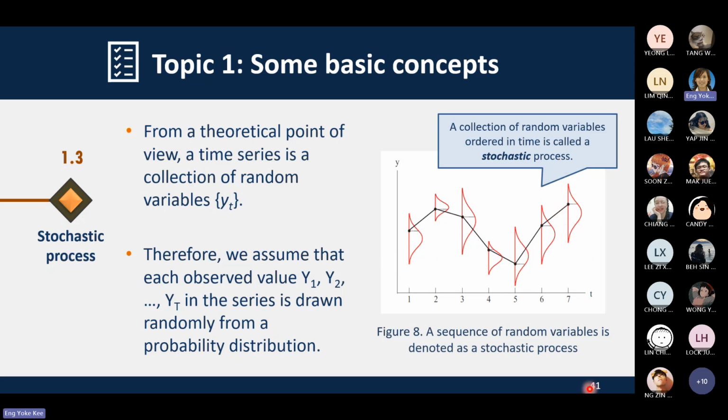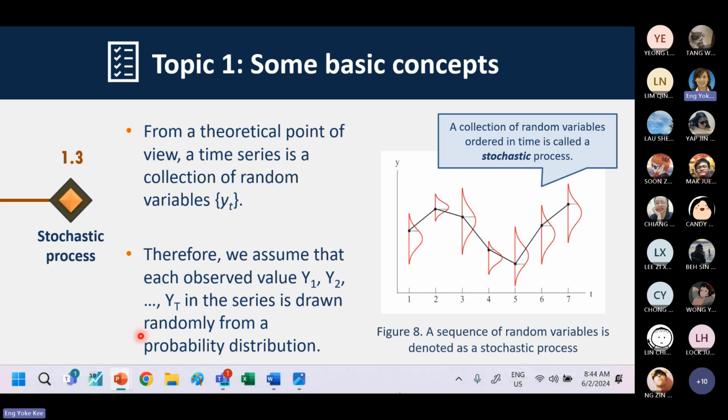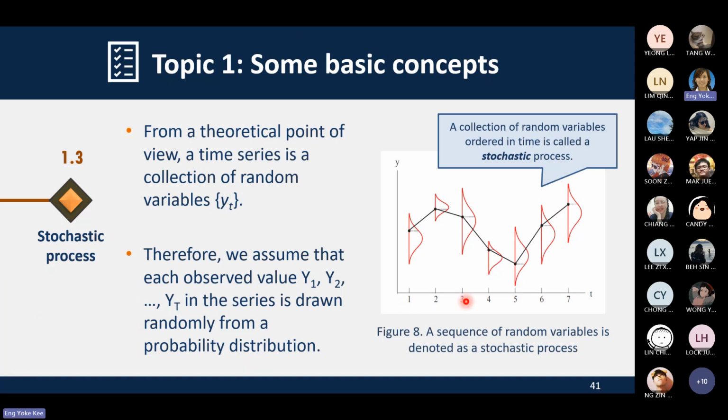From period 1 to period n in futures, the whole process, why do you see this series? This is what we call a stochastic process.